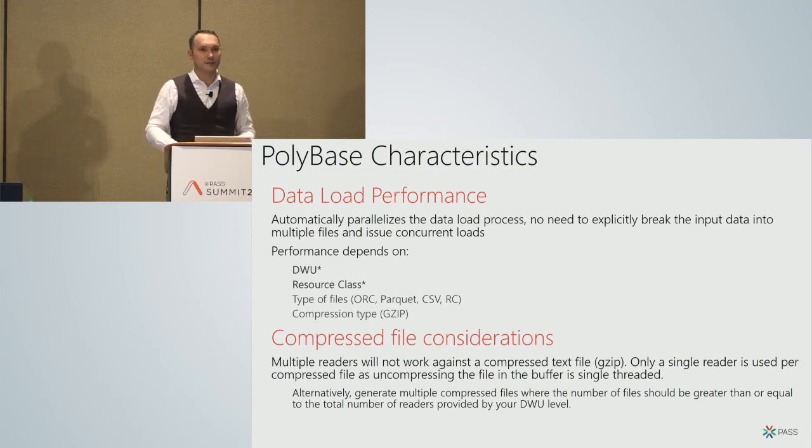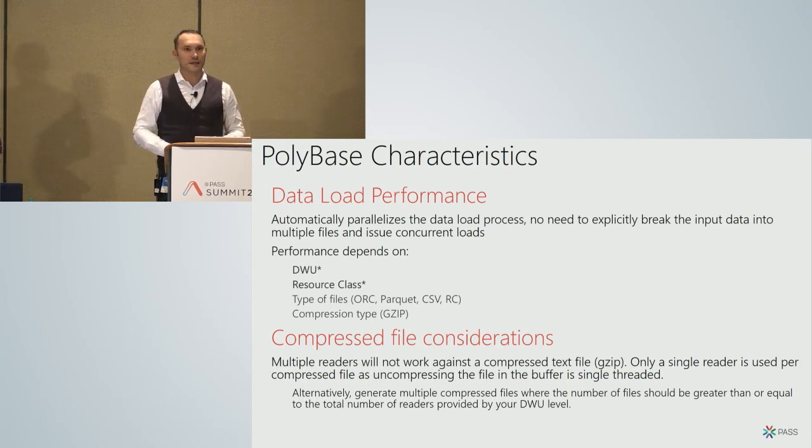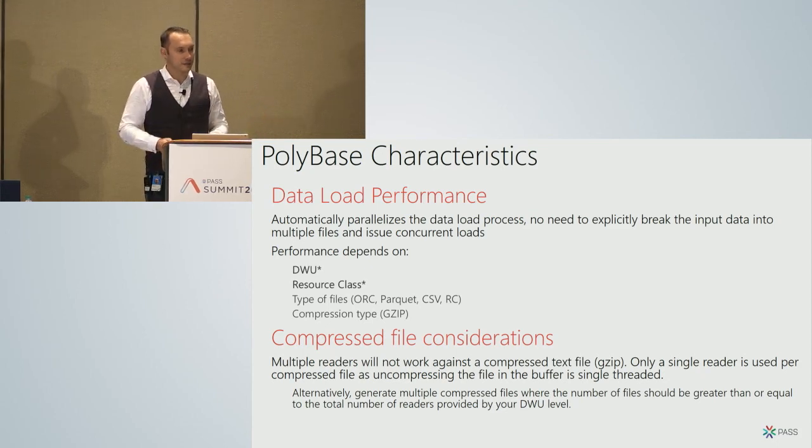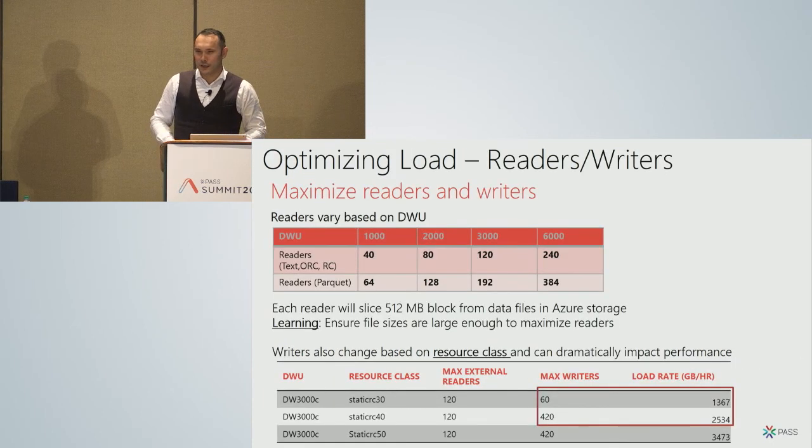Therefore, if you need to deal with compressed file formats, make sure that you initiate multiple data ingestion streams. Basically, manually force it, for example, by putting multiple gzip files in the same folder, and they will be read in parallel, so you still get relatively good performance.